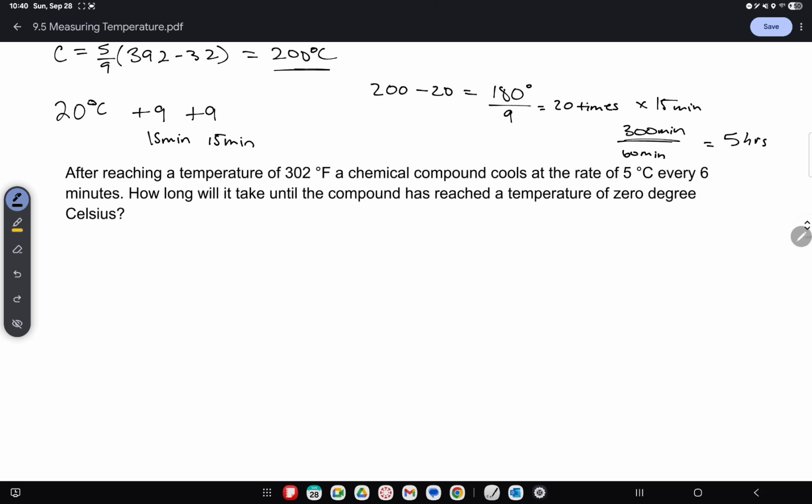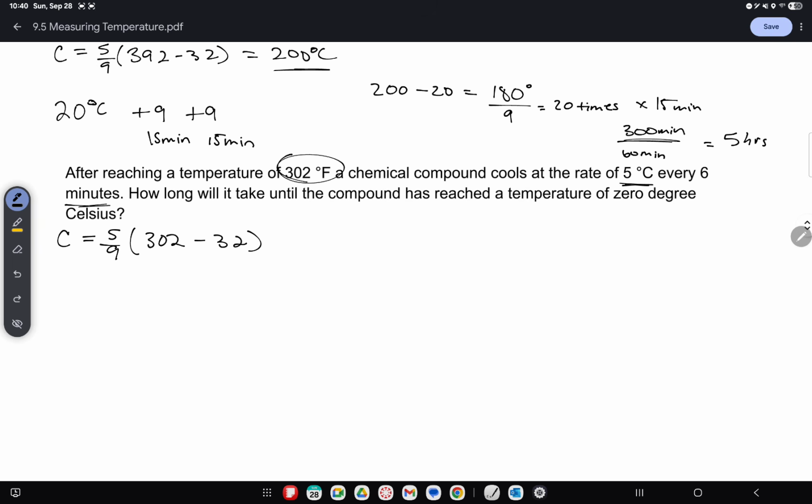After reaching a temperature of 302 degrees Fahrenheit, a chemical compound cools at a rate of 5 degrees Celsius every 6 minutes. So how long will it take the compound to reach a temperature of 0 degrees Celsius? Well, let's find out what the Fahrenheit is in Celsius. Celsius is 5/9 times the Fahrenheit minus 32.